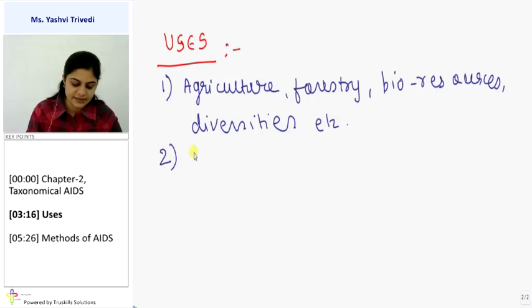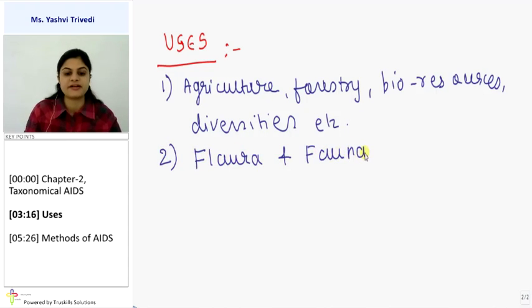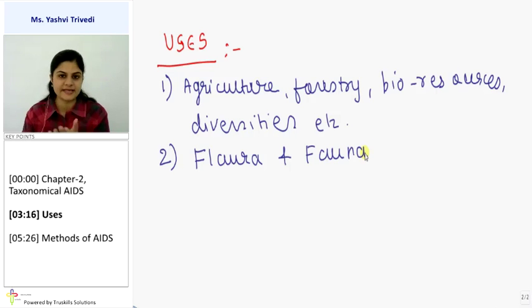We can even study the distribution of flora and fauna in various geographical areas. Now you must be knowing flora refers to the plants and fauna refers to animals. So different types of plants and animals which are there in different geographical areas can be studied.